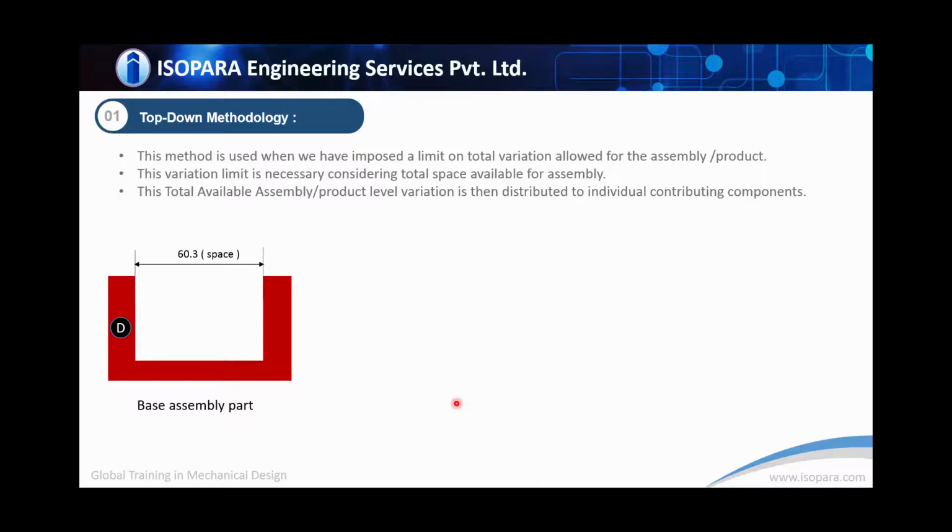Note that we have considered a fixed dimension here to understand this concept. We are not considering variation of this specific part so as to easily understand the concept. This part is an existing part which we do not want to modify.